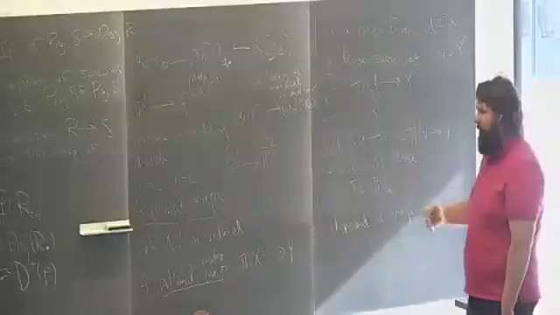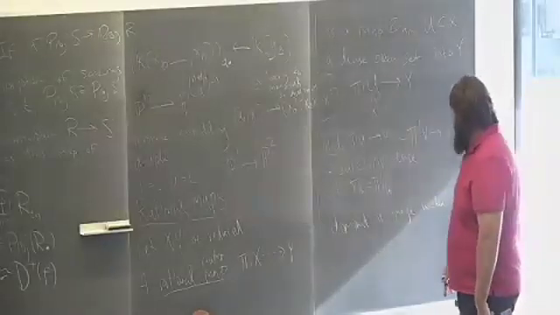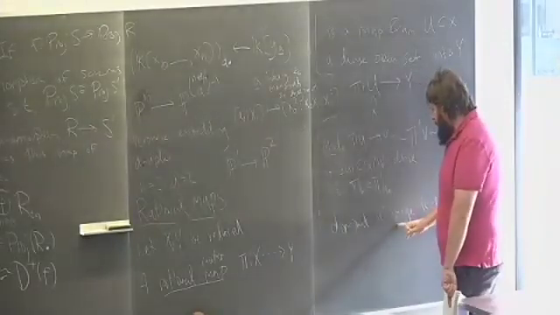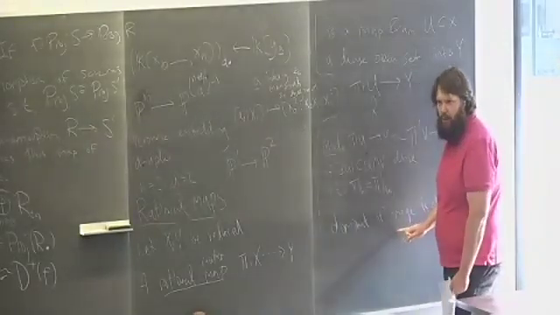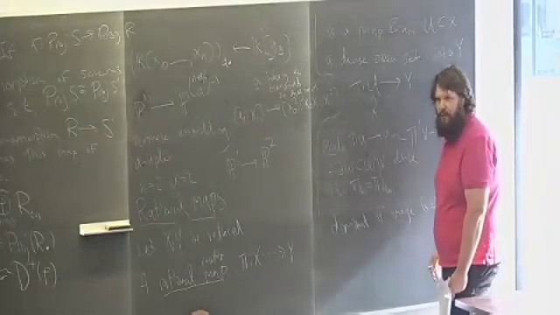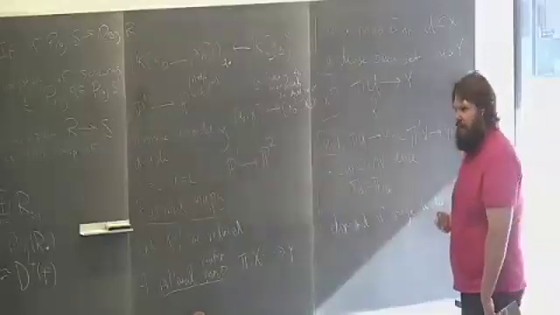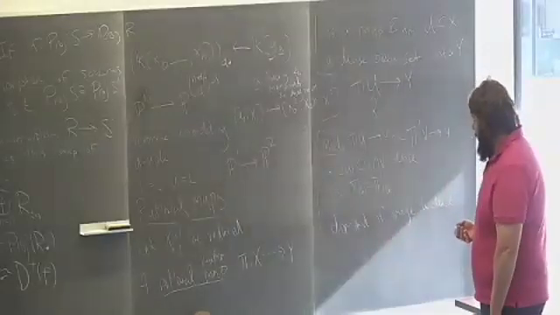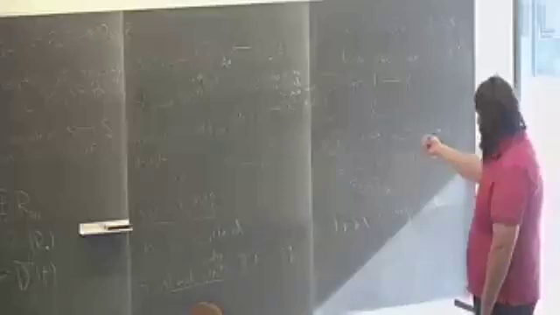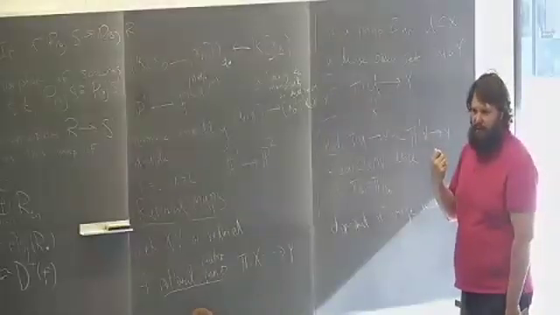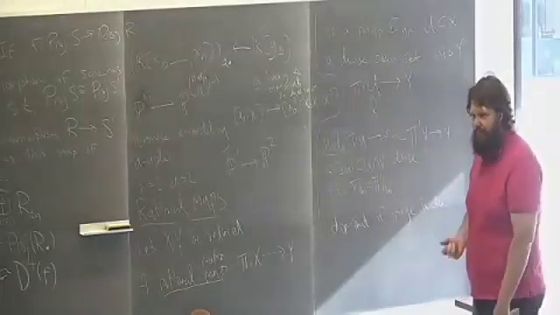But because I'm requiring dense, one way to say this is that the generic point of every component is in the image, and that's not going to change restricting to a smaller open subset, because being dense exactly means I get the generic points of all the components. So I just look at where those go.